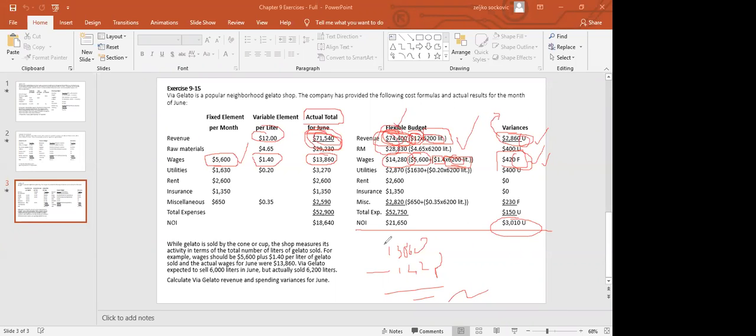Even though we sold more gelato than we thought we would, we actually made less money than we should have. We should have made 21,650, but we made only 18,640. So that's that.